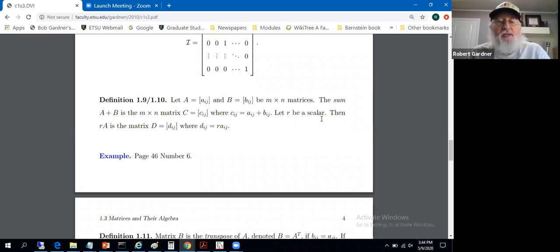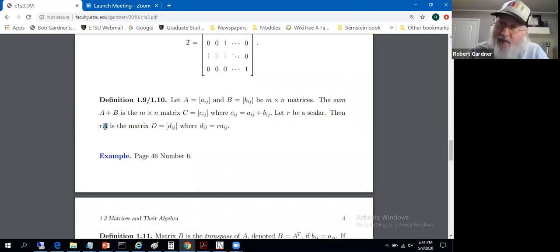If we take r to be a scalar, then we'll define r times A to be a matrix with entries r times A sub ij, just like you do with vectors. You take that scalar r and multiply it times each of the entries of matrix A. This is where I say it's not distribution, though it might remind you of distribution.